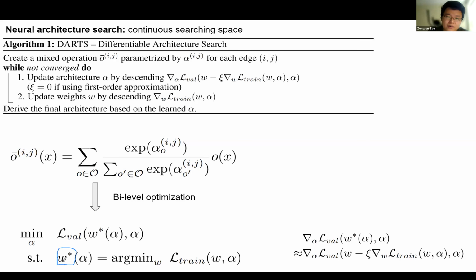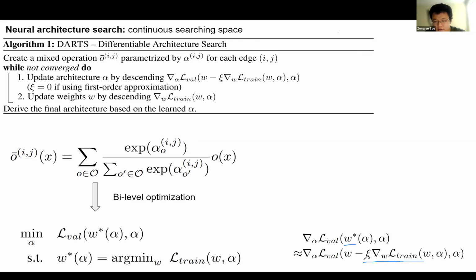And still the bi-level optimization problem is really hard to solve, and if for each alpha the omega star is solved by training the neural network from scratch, then the method becomes really computationally inefficient. So to deal with that, the authors of DARTS propose this approximation, that omega star is approximated by 1 step of gradient descent using the training loss.